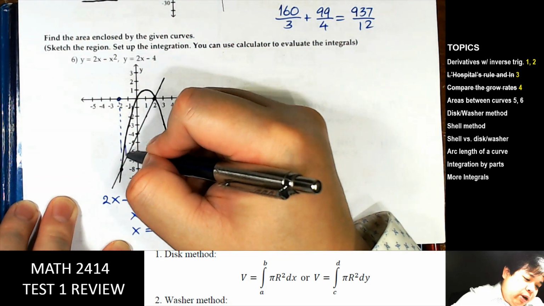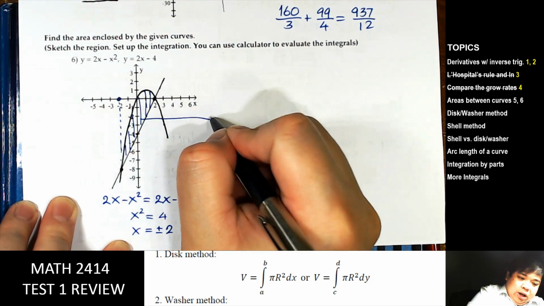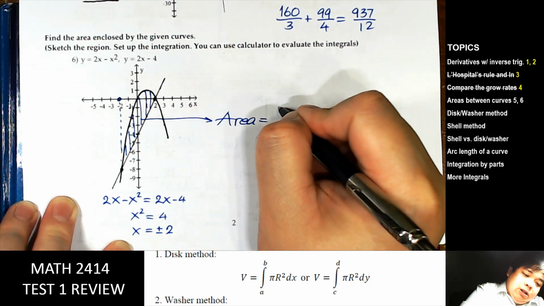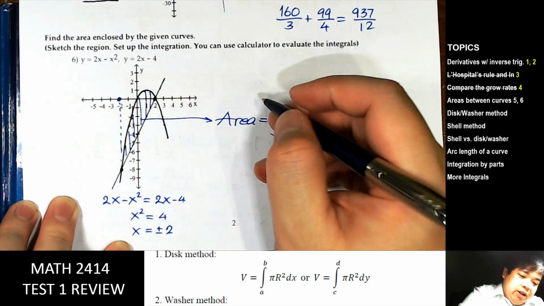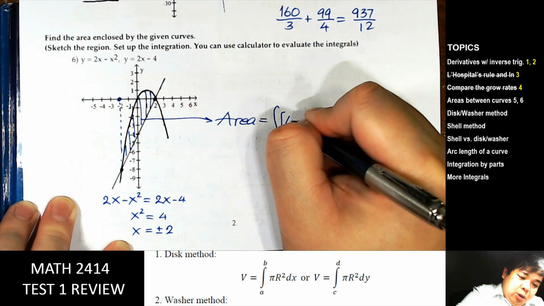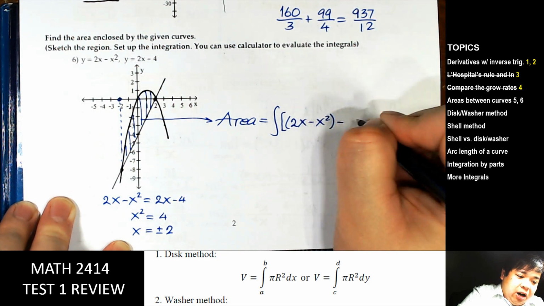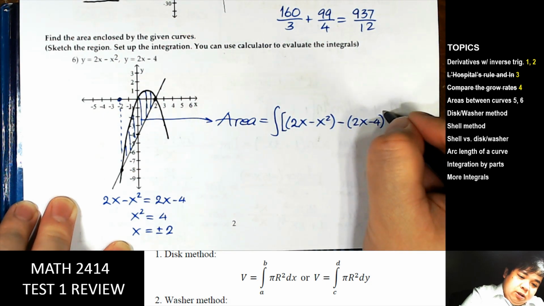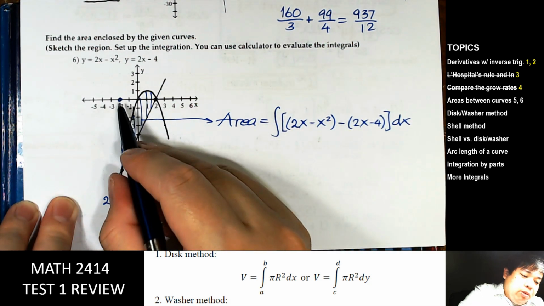So we're looking for the area here. So the area will be the integral. We see the curve is above the line. The curve is 2x minus x squared, and the line is 2x minus 4, and the limit goes from negative 2 to 2.